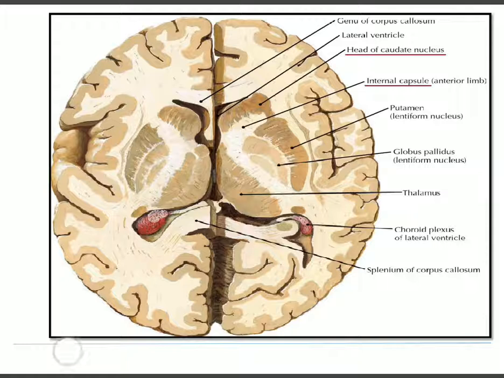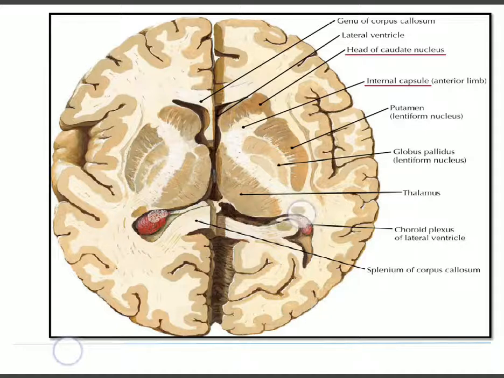Also, you can see here in this figure, this is the caudate nucleus. This is the head portion of the caudate nucleus, and its cavity includes the internal capsule. So this is the cavity, this is the head, the body and the tail.